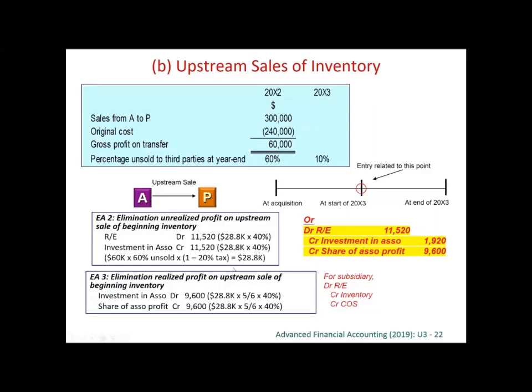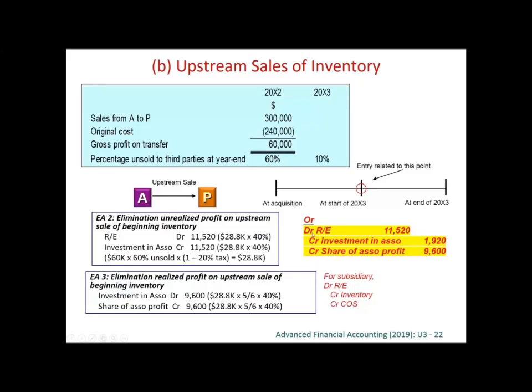If we combine these two journal entries into one, you will debit retained earnings 11,520. You will credit investment in associate 1,920. And you will credit share of profit 9,600. What does that mean?